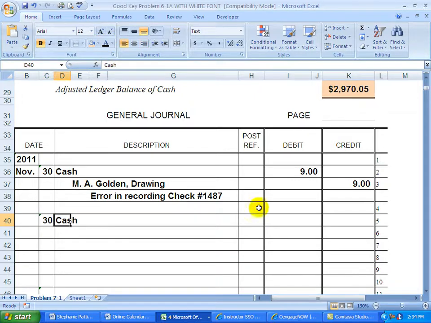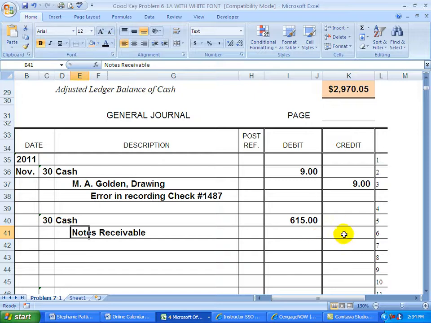We're going to debit cash for $615 because that's the amount of cash that came to us. Now what happened was somebody was paying on a notes receivable, and when you pay on a notes receivable, your notes receivable decreases.